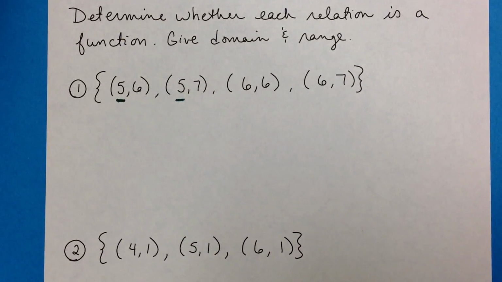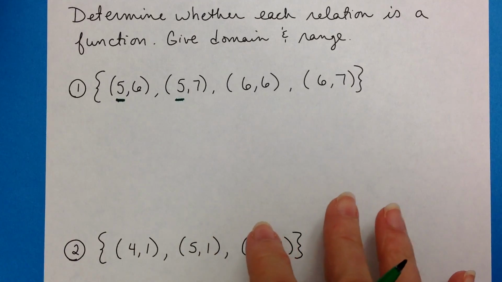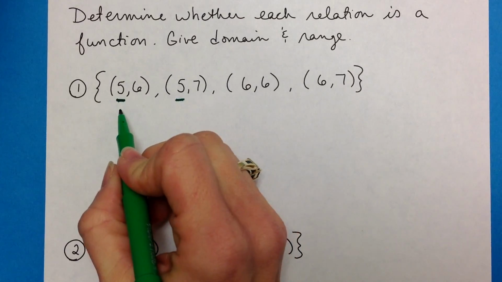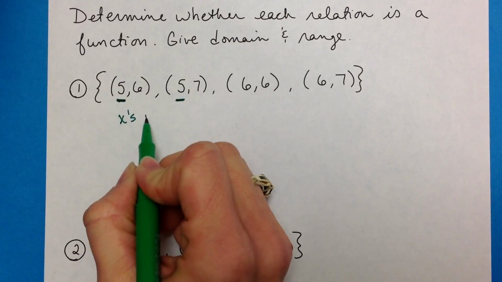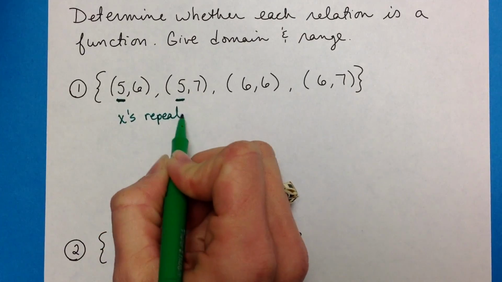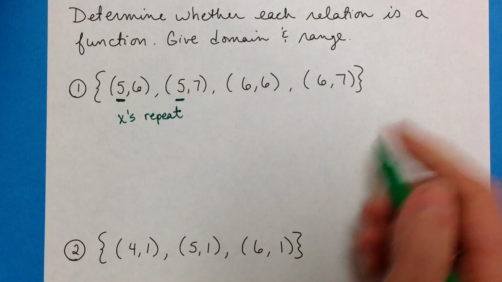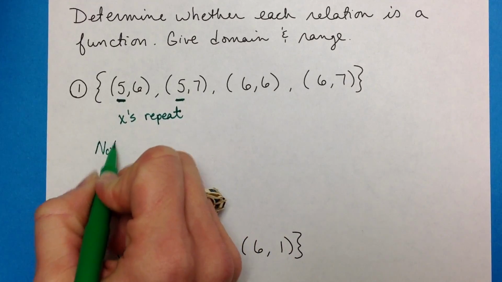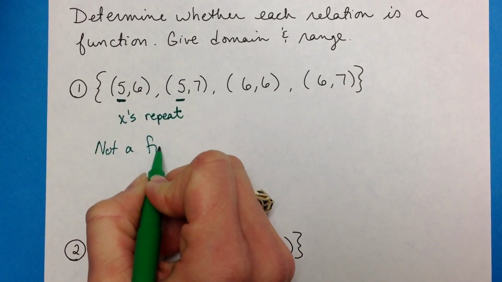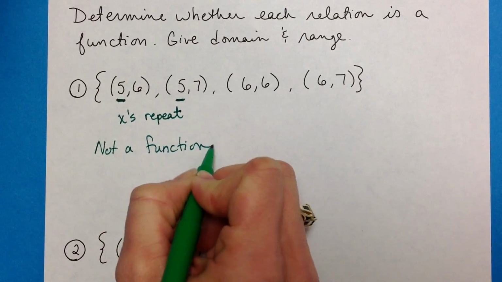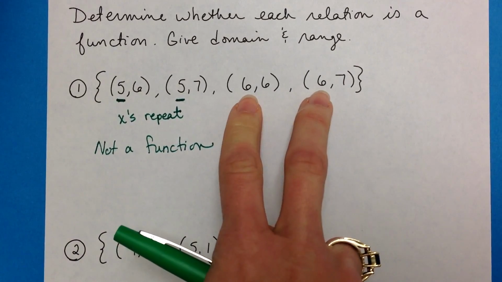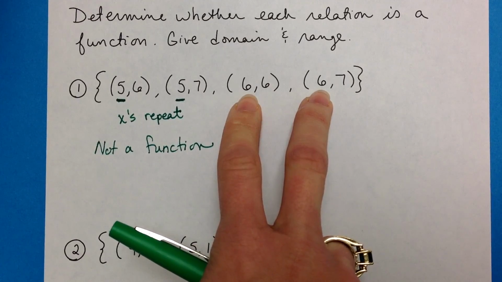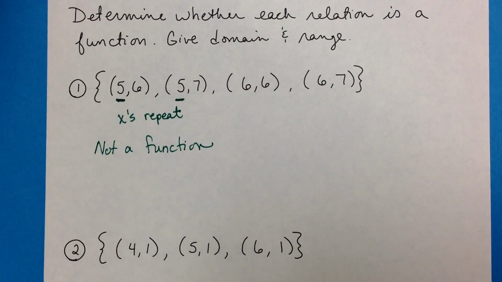This ordered pair also has an x value of 5. And actually there's no need to look any further, because right here your x's repeat. So because of that, this would not be a function. I also have x's that repeat here that would also keep it from being a function, but as soon as you immediately find x's that repeat, you are not dealing with a function.